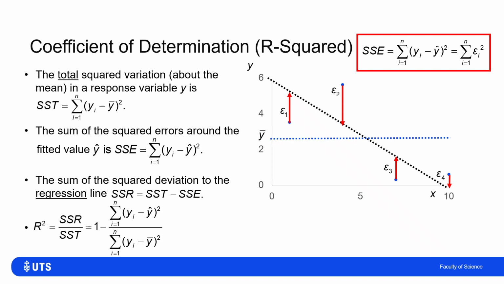What I want to do is compare this to the most blind, unthinking model of saying, well, all of the responses I think are just going to be the average y bar. Now I can calculate the errors around that if that were my model. And of course, the sum of those yi minus y bar squareds will just give me SST.